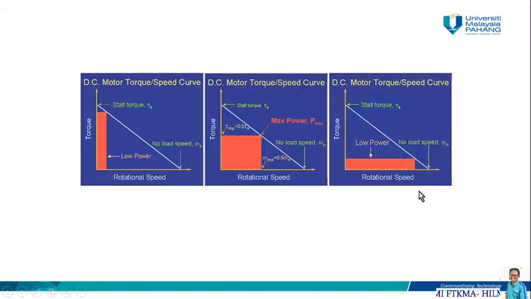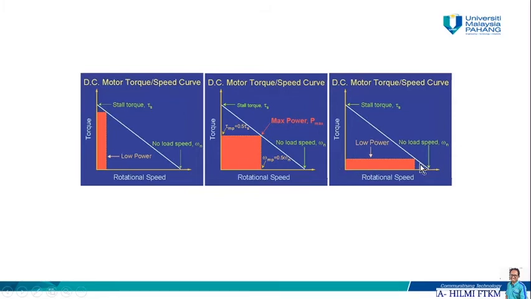Next, we can also calculate the power of a specific motor using the torque and speed curve. At the location where the motor is not spinning, we are going to have low power, by calculating the area under the torque and speed curve.